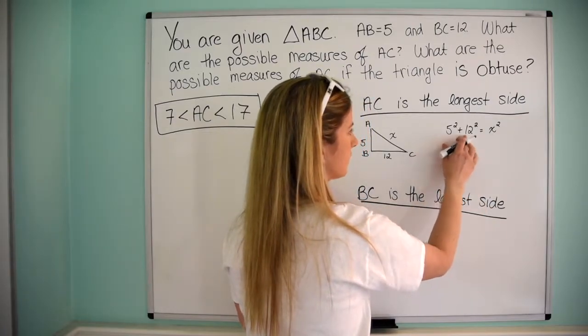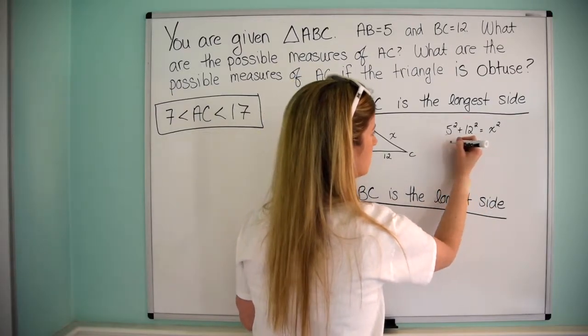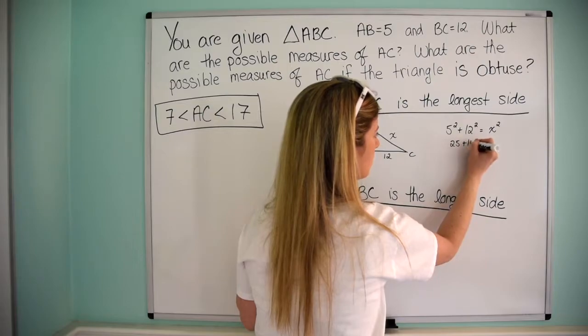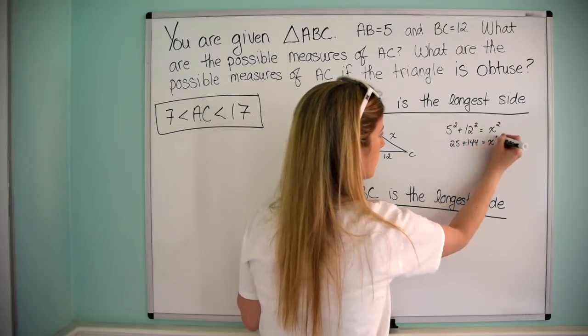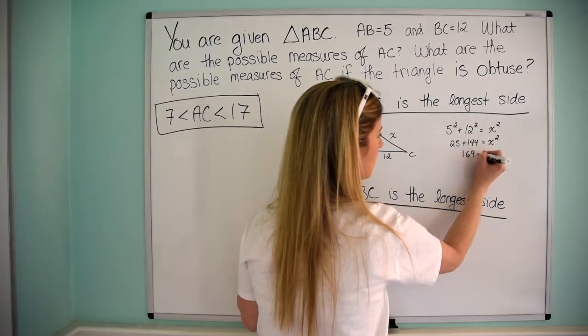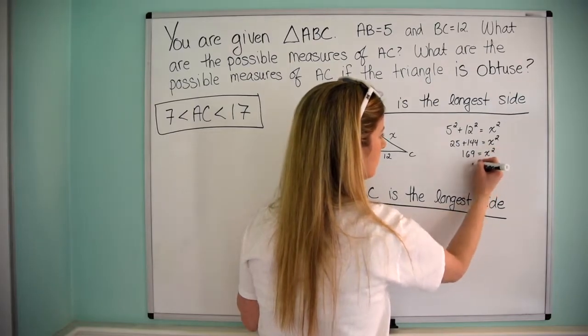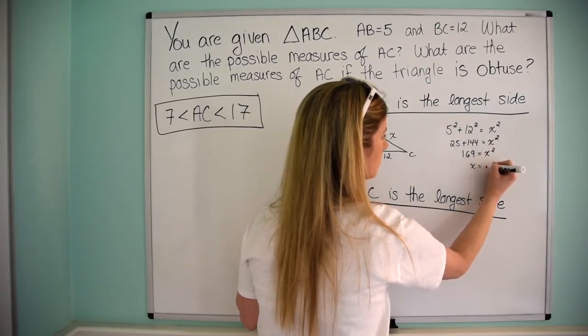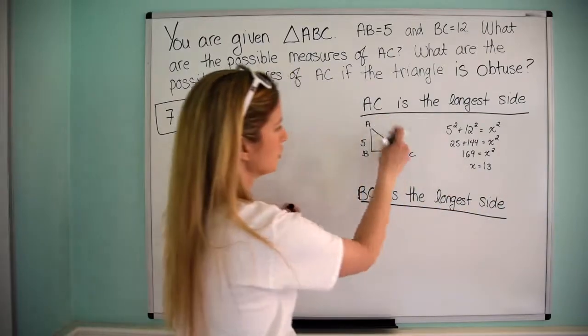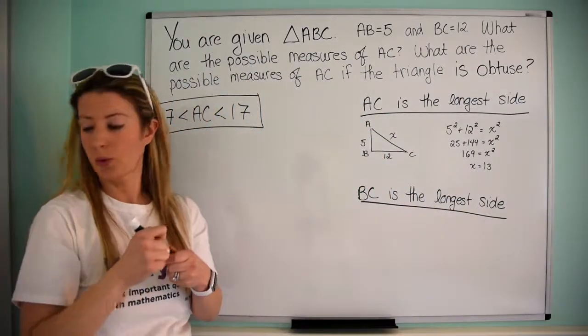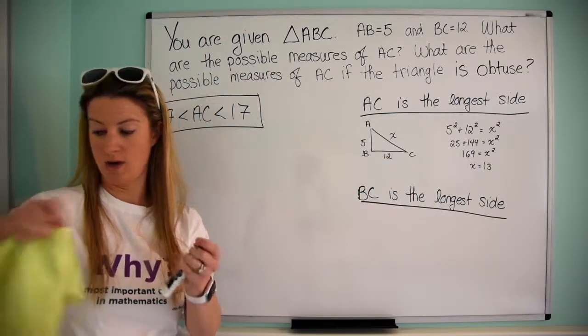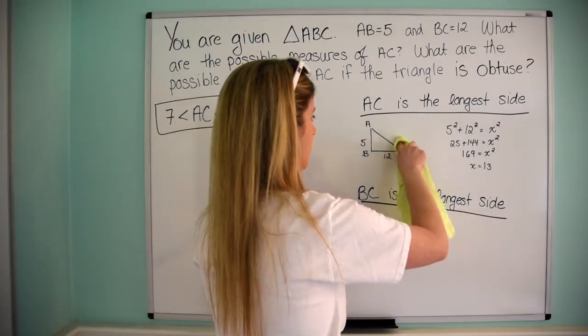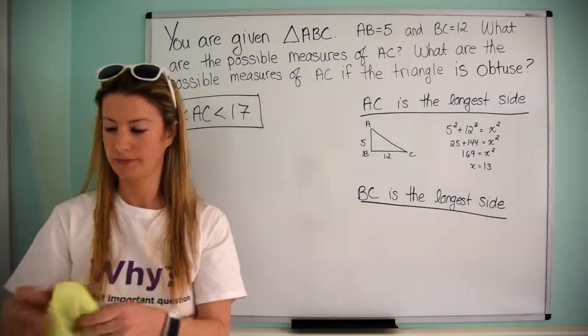That's 25 plus 144 equals x squared. So 169 equals x squared, and x equals 13. So AC is 13. I'm going to erase X and write 13 there.